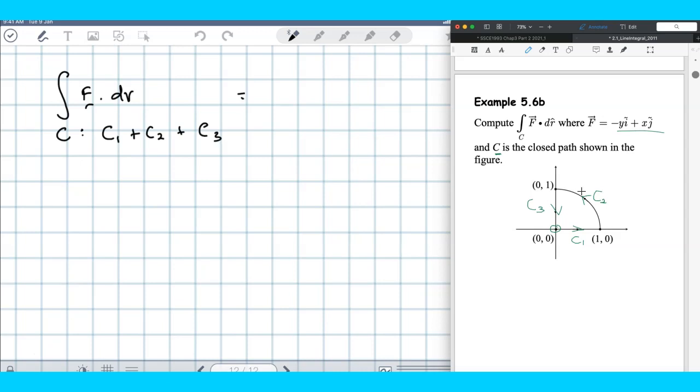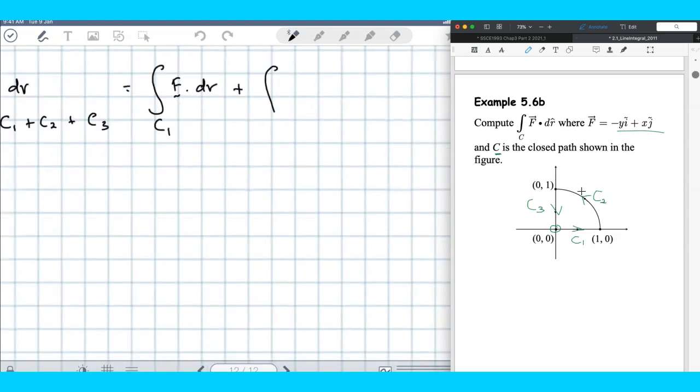For this, you have to calculate the line integral for the vector field for each curve: C1 plus C2 plus C3.